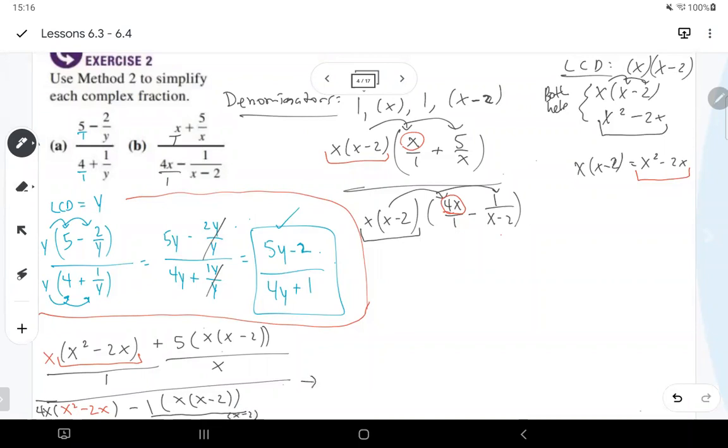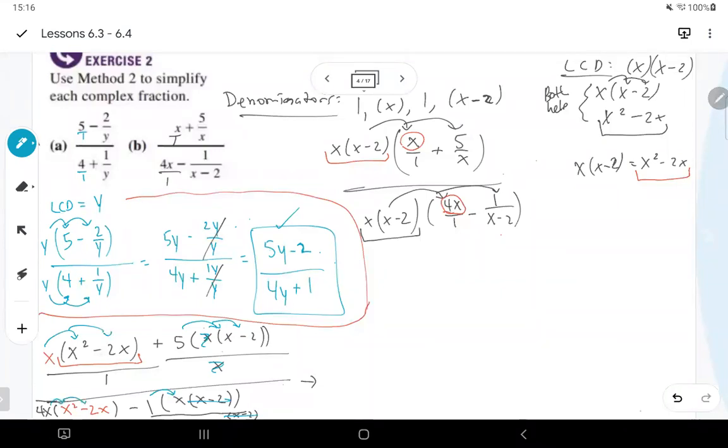Then what we should notice is that some of this stuff will cancel. This x cancels with this x, so you only have to multiply to what's remaining. This x minus 2 cancels, so you just have to multiply to the x. And then we'll distribute the rest of the way.